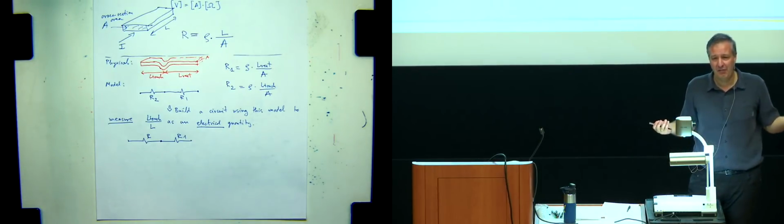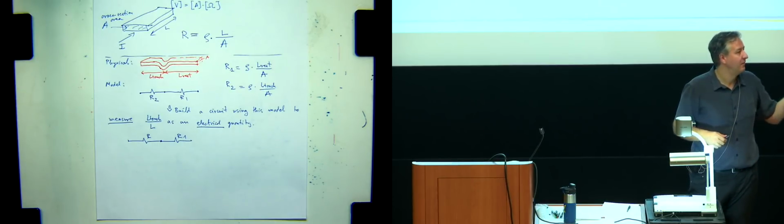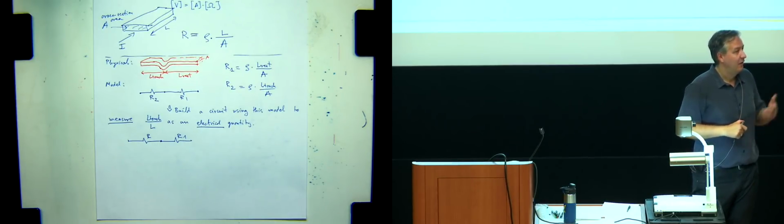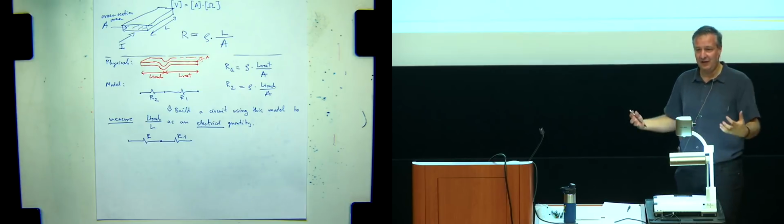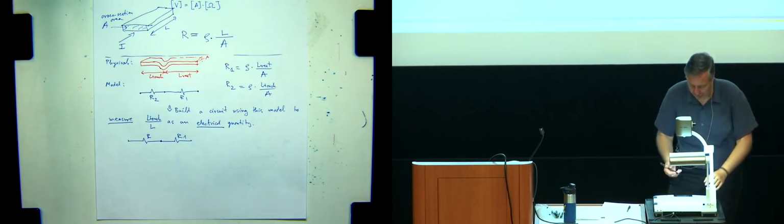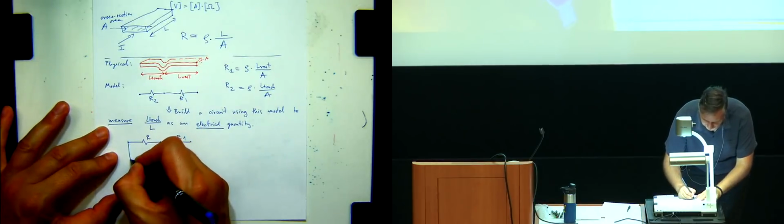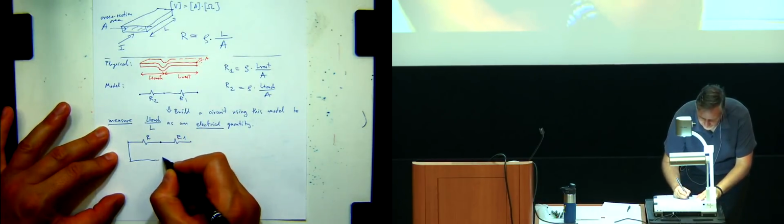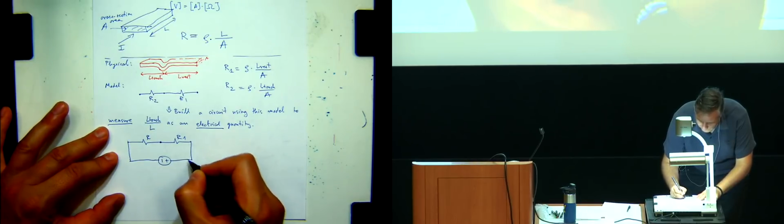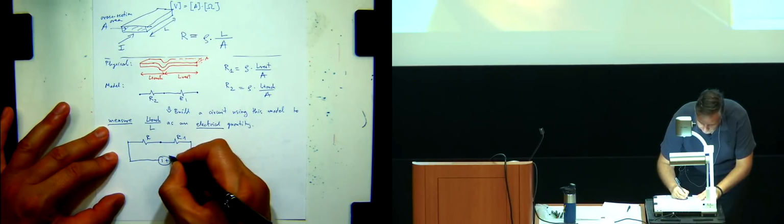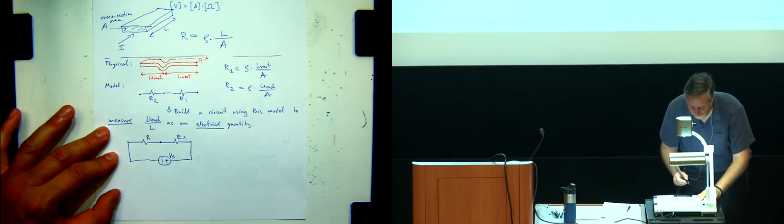So what would that be? A source, right? I need some source of energy, right? So I'm just going to add a voltage source, see what happens. Maybe that's all that's needed. Right? So let's add Vs, right?